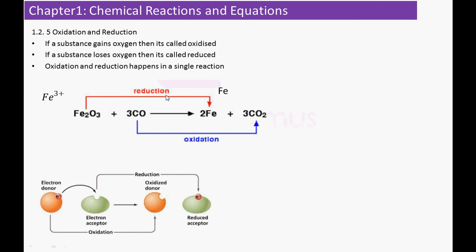This is called reduction, meaning gaining. Gaining of electrons is reduction. Here you can see it is gaining electrons. So gaining electrons is reduction and giving electrons is oxidation.